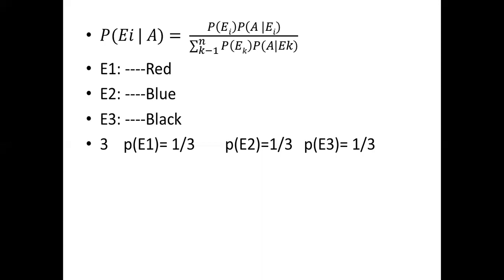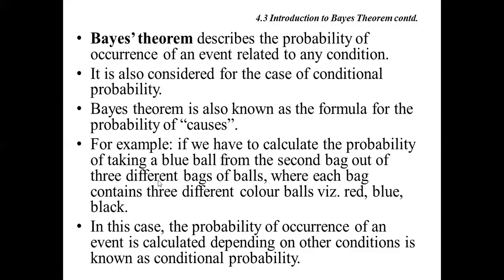Okay, now here event A says that if we have to calculate the probability of taking a blue ball from the second bag out of three different bags of balls. Second bag means that initially I'm considering the first bag where I have taken one ball, and for the second bag, what is the probability, the second time I'm taking the ball, that it might be blue?